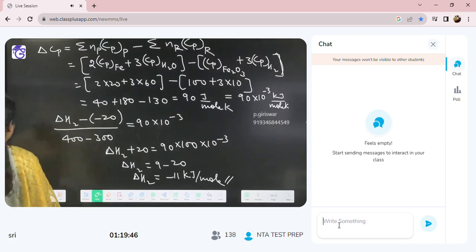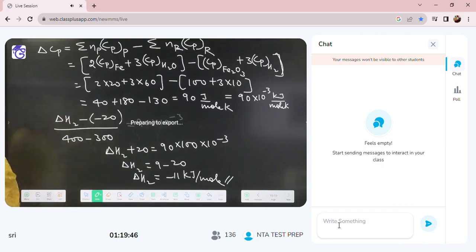QR code will be shared there, need not worry. Some of you are able to see that. I remember to see, I am sharing it with them.